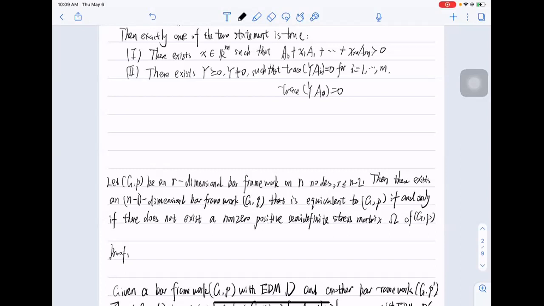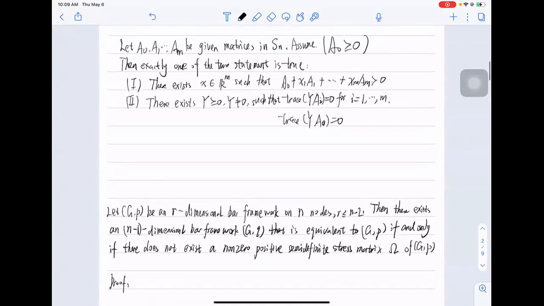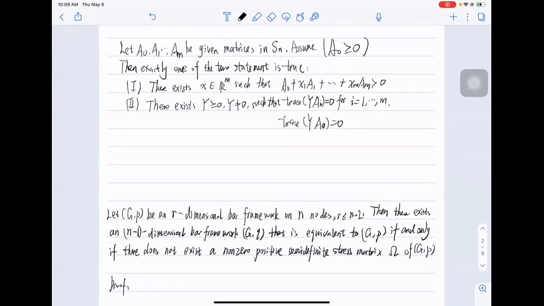So this theorem is basically the EDM version of the theorem of alternative.